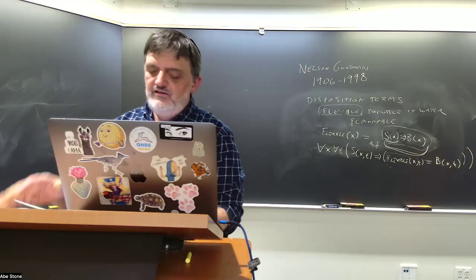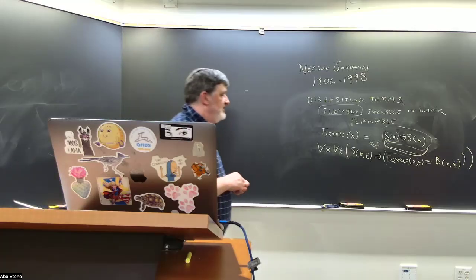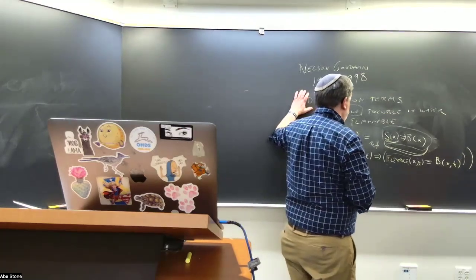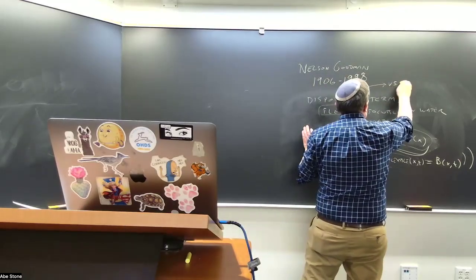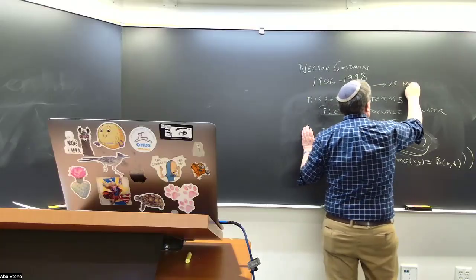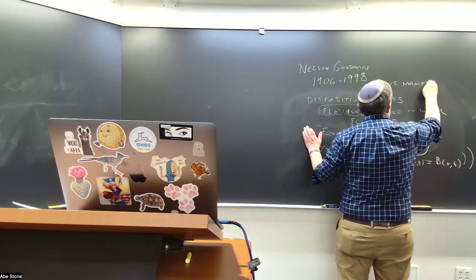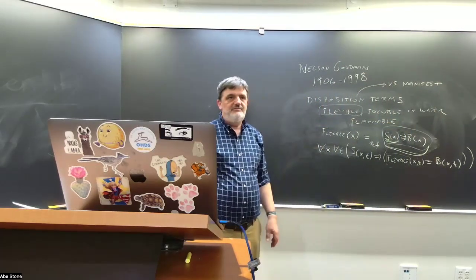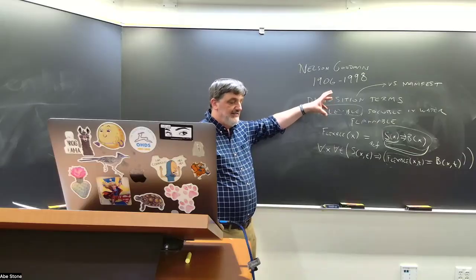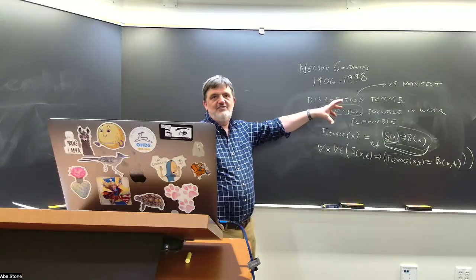So what he's saying there is, manifest is what he introduces as the opposite of a disposition term. The manifest term is a term that's not a disposition term. It's actually the opposite of occult, as Goodman makes clear at certain points, right?